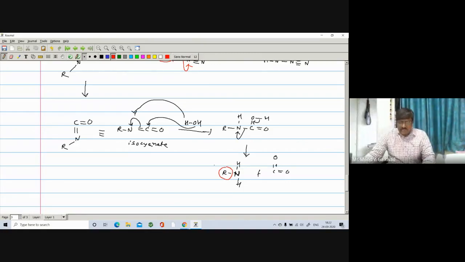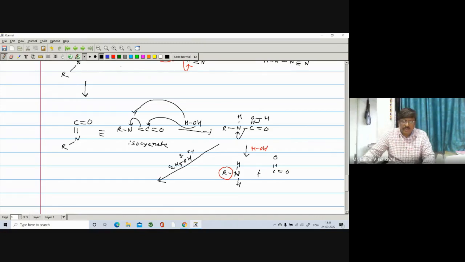Suppose in this case, what you have done, we have added water, HOH. But suppose instead of adding water, if you add alcohol, C2H5OH, again in the same way, here is the partial negative and here is the partial positive.